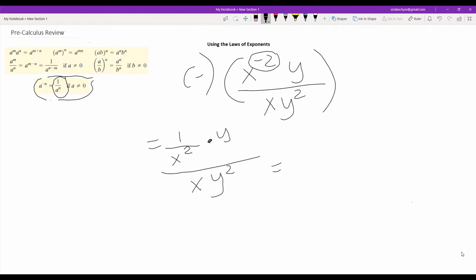Now, 1 over x squared times y, that is simply y over x squared divided by x y squared. Okay. So, how can you go about these two fractions? Well, that is one fraction.